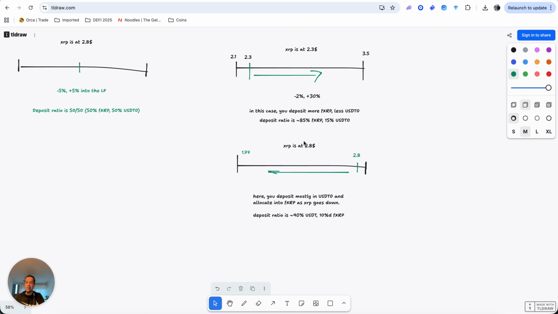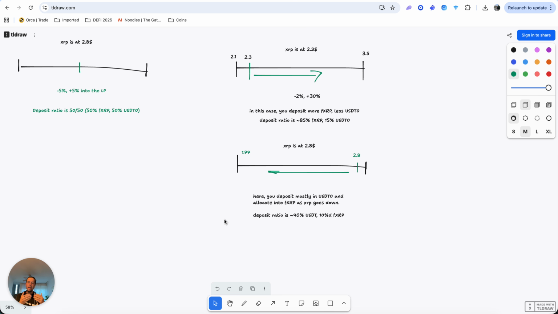Let's say XRP is at 2.8, so you allocate at 2.8 and you give less upside range but more downside range, up to 1.77, for example. In this case, your deposit will be mostly, pretty much 90%, 95 even, in USDT zero, and just a tiny bit in Fxrp, so you stay in range.